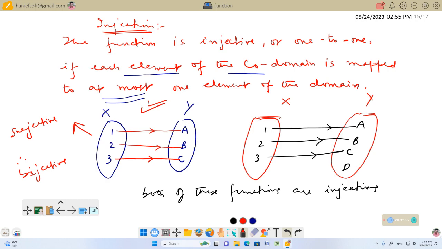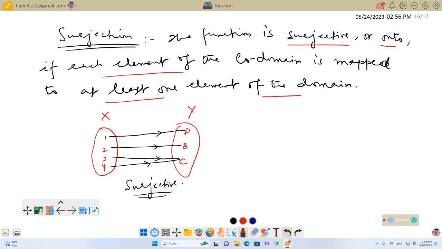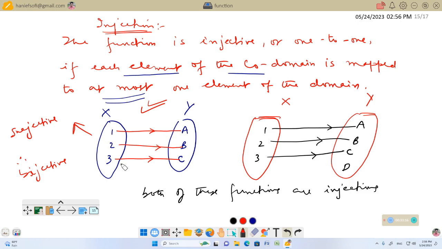It is surjection also. Why is it surjection? Because it satisfies the definition, since surjection says each element of the codomain is mapped to at least one element in the domain. So this is surjection, this is injection, therefore it is bijection also. So those functions which are injections and surjections simultaneously are bijections.